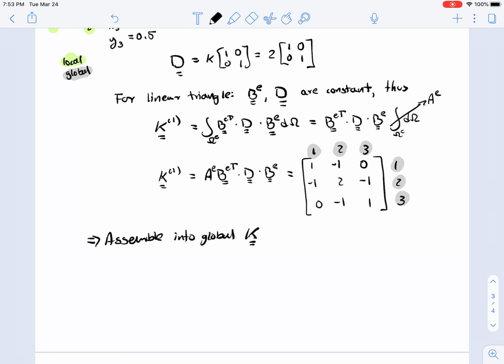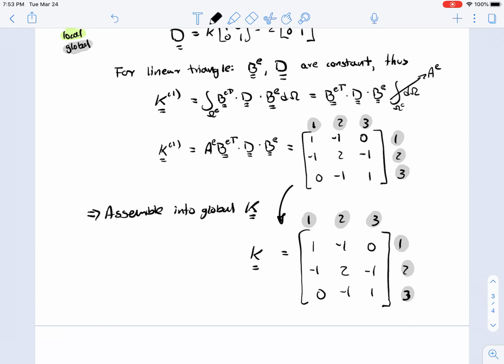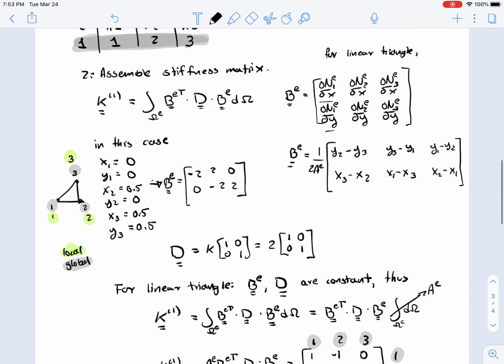In this case, there's nothing to do really, so the global stiffness matrix is actually the same. But in, for example, the example that I did last time, there were more nodes, so the global stiffness matrix was bigger. In this case, they are the same.